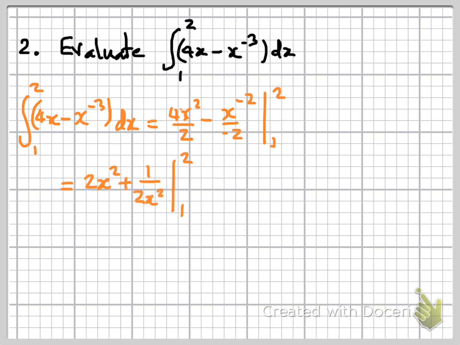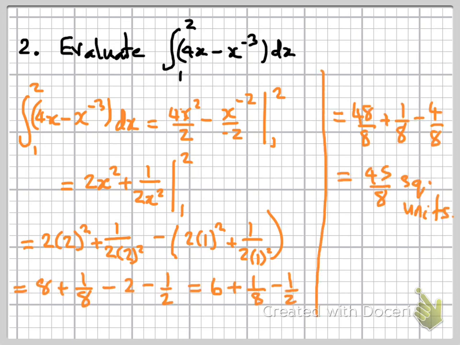Which if you simplify, it will be 2x squared plus 1 over 2x squared from 1 to 2. And if you put in the boundaries, it will give you 2 times 2 squared plus 1 over 2 times 2 squared, minus 2 times 1 squared plus 1 over 2 times 1 squared. If you simplify, your result will be 45 over 8 square units.